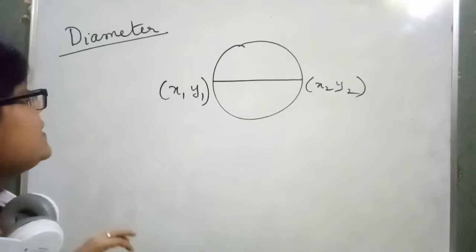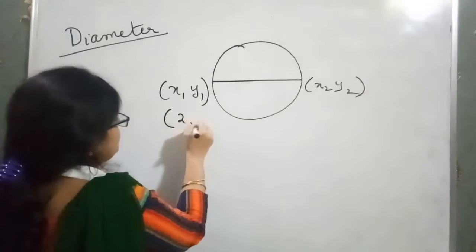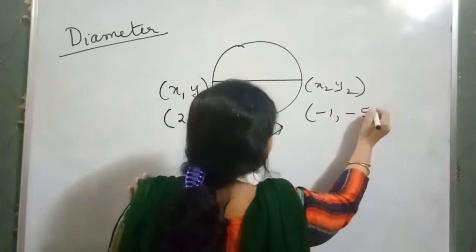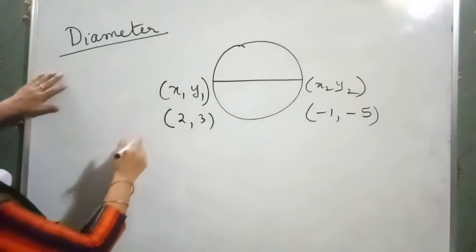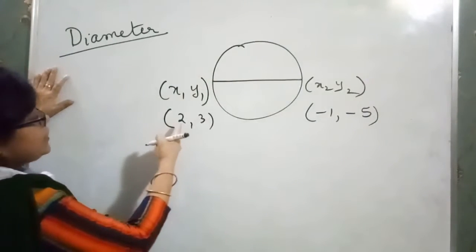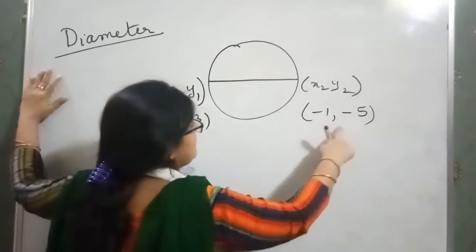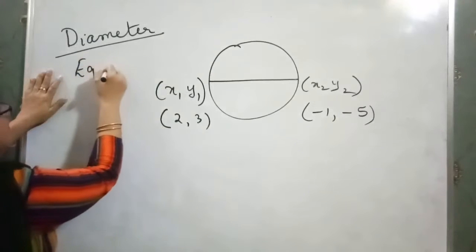Okay. So for example, if the 2 end points of the diameter of a circle are (2, 3) and (-1, -5), then find the equation of the circle.